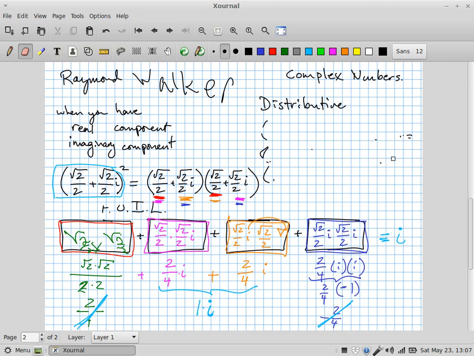If we know that square root of 2 over 2 plus square root of 2 over 2i squared is equal to i, then I have a really tough question for you. What is square root of 2 over 2 plus square root of 2 over 2i without squaring it? If squared it is going to be equal to i, what if you don't square it?